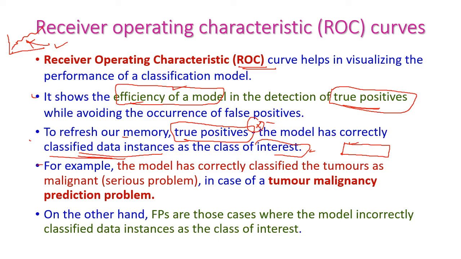For example, let us take the tumor malignancy prediction problem, that is whether the tumor is serious or a mild one. If it is serious, then our model should predict this is malignant. Then this is a true positive, isn't it? Otherwise, we get a false positive, which means the model incorrectly classified the data instance.